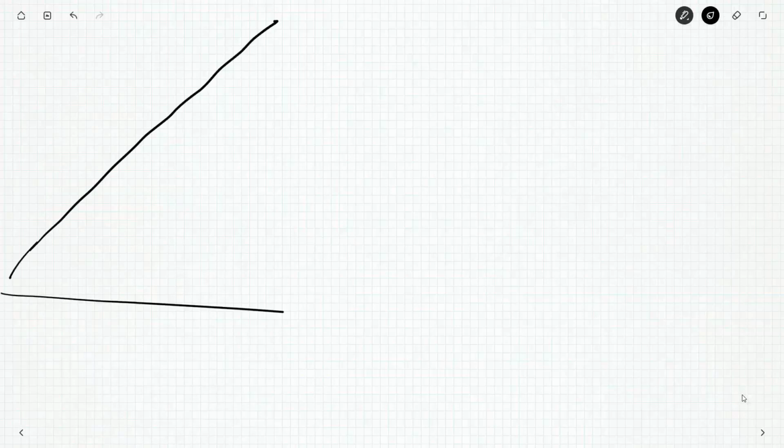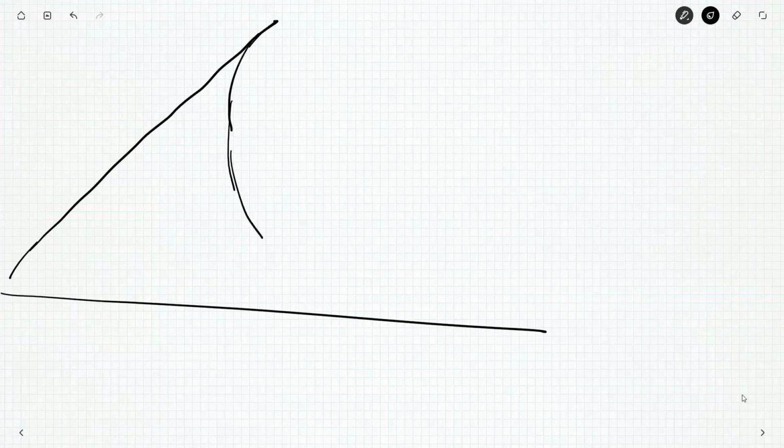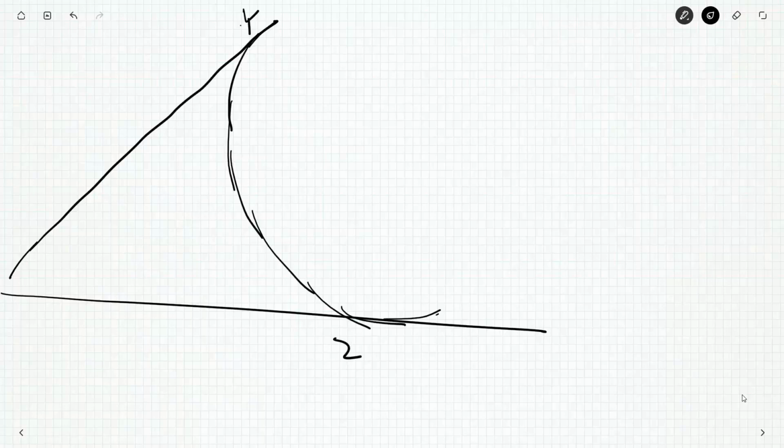So we'll draw a slightly bigger picture. So we've got a circle. And we'll call the tangent points Y and Z. I don't think I said that on the last slide. Fine.